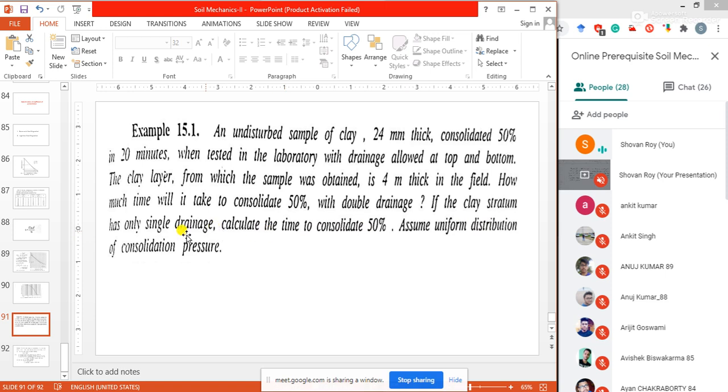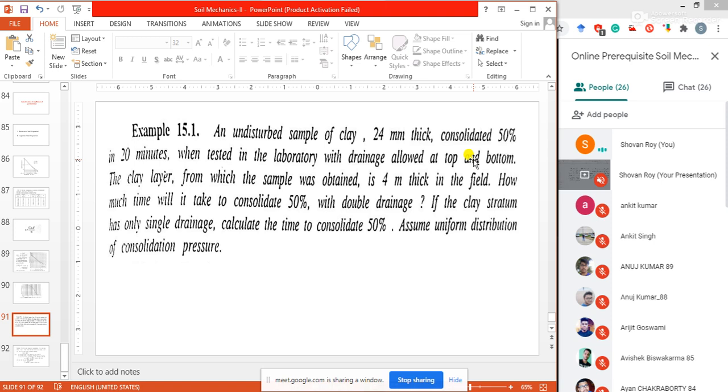When single drainage, some phenomena is there. Now calculate the time of consolidation for 50%. Time of drainage is maximum. Suppose double drainage, your time needed is less.